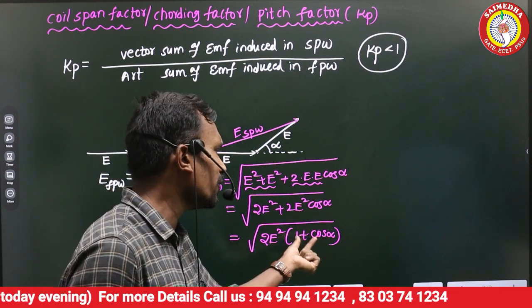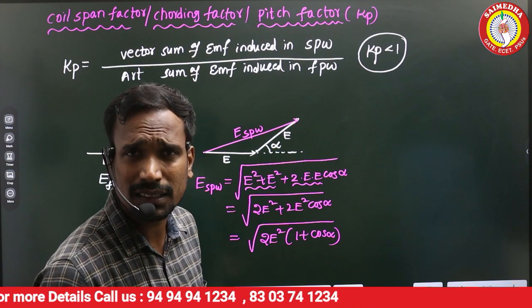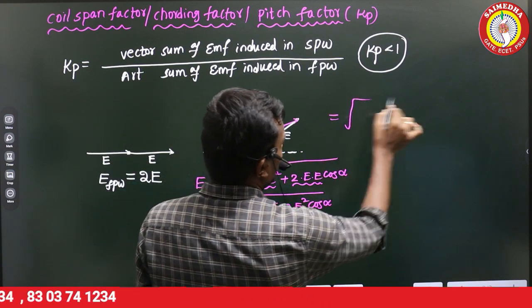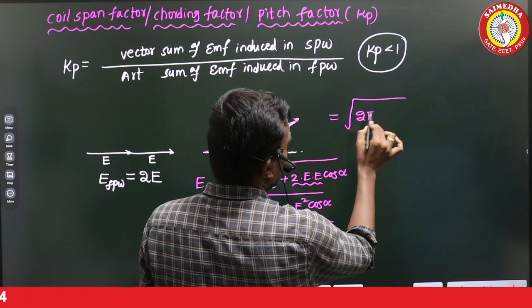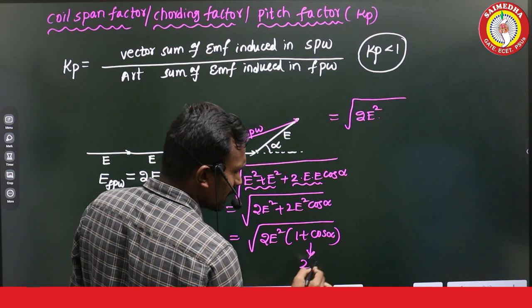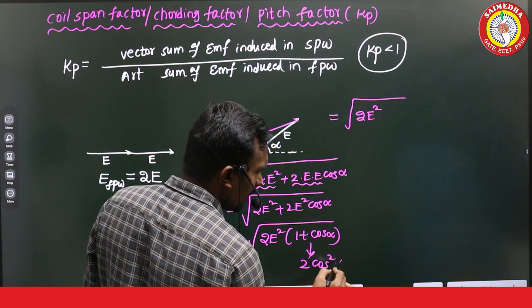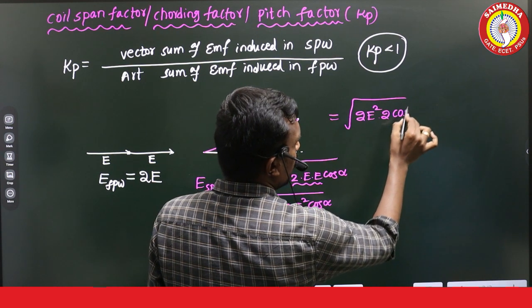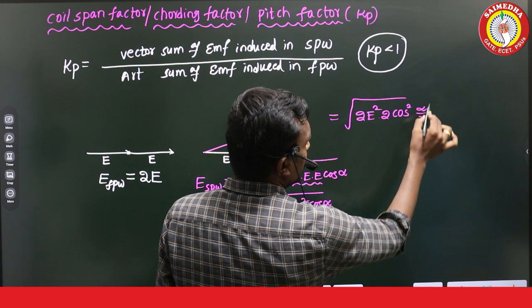How can we write 1 plus cos alpha in terms of cos? Yes, you know very well because you are mathematics students, right? So 2E square multiplied by 1 plus cos alpha can be written as 2 cos square alpha by 2.